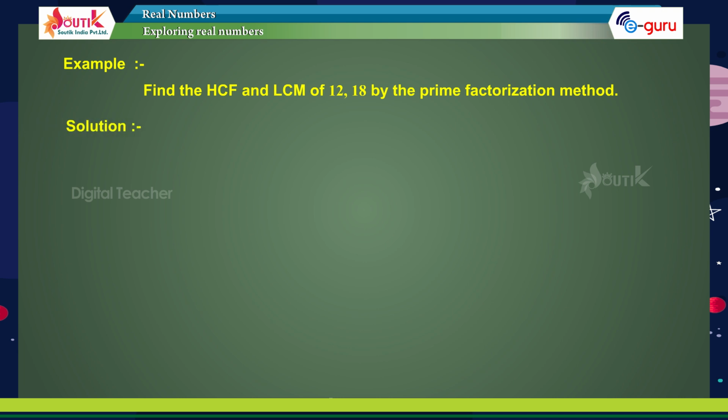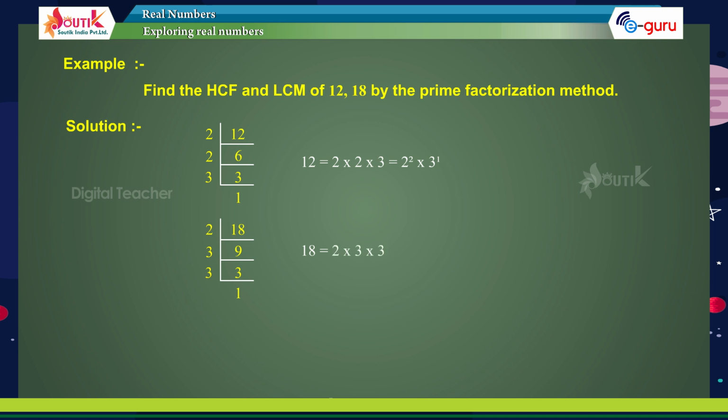Solution: 12 equals 2 into 2 into 3, which equals 2 square into 3 to the power of 1. 18 equals 2 into 3 into 3, which equals 2 to the power of 1 into 3 square.